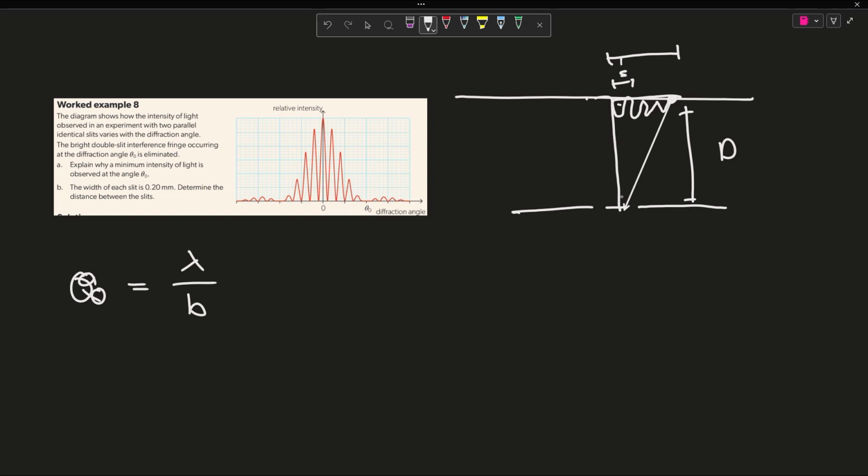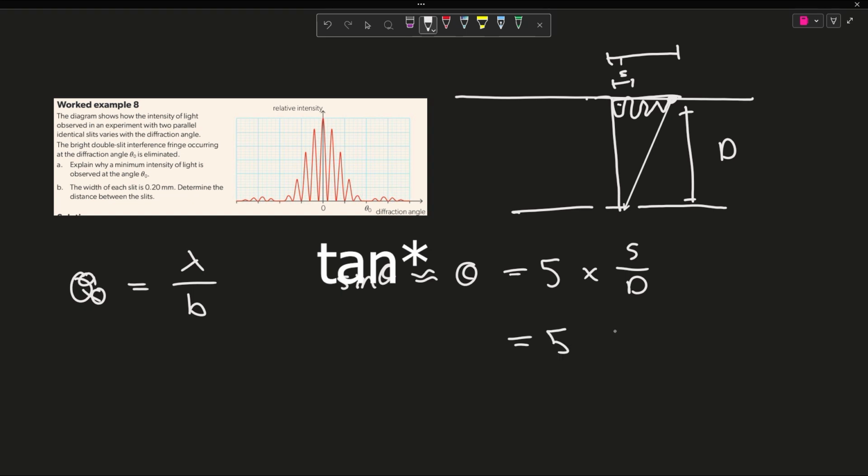and then like this, then you can use the small angle approximation, that sine theta is approximately equal to theta, which is equal to the fifth fringe, because it's the fifth one, times S over D. And this is the same thing using the formula times the wavelength over little d.